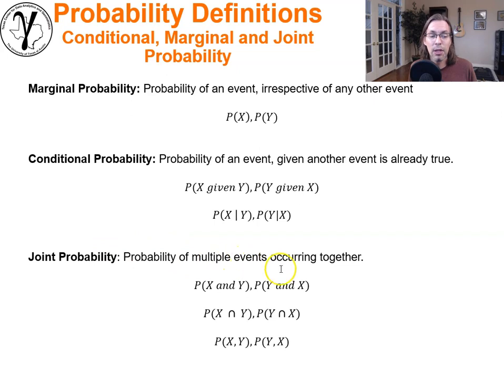And joint probability: probability of multiple events occurring together. Now we can use the notation X and Y, or X intersection Y. Later on, I'm going to get a little bit lazy and just break it down to X comma Y to keep the notation really simple and compact.